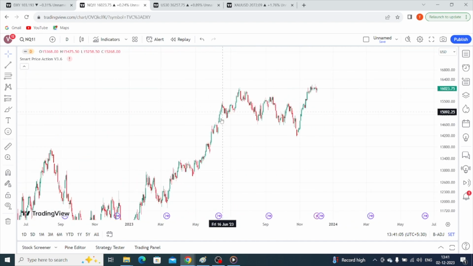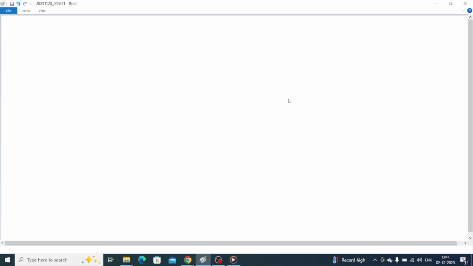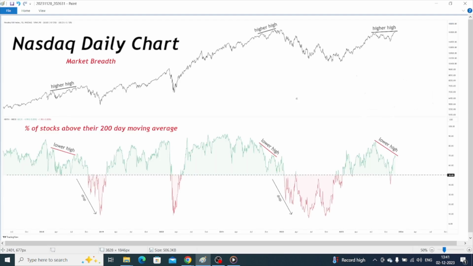So what is going to happen in these IT stocks? Let me show you another interesting chart of the dollar index along with the major stocks which are constituents of NASDAQ. This is the NASDAQ daily chart from July 2018 or 2019.